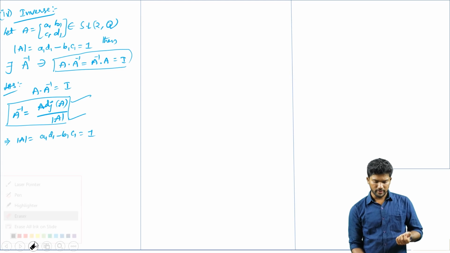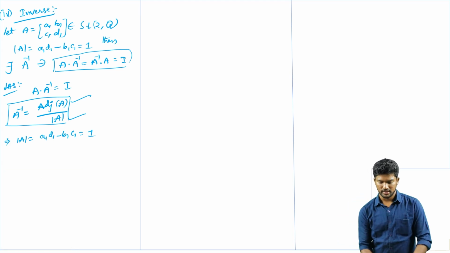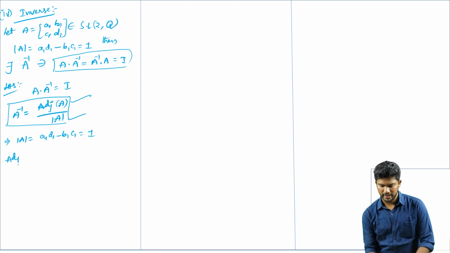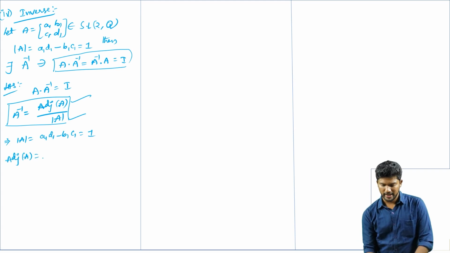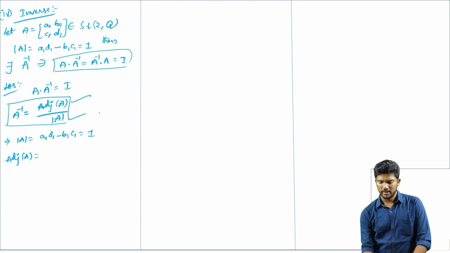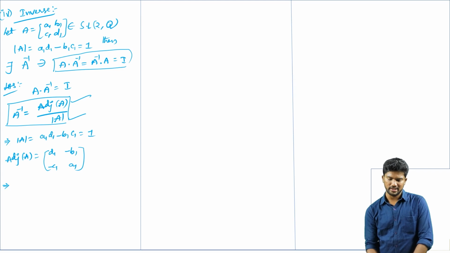Okay. So now here you can see A1 D1 minus B1 C1 is equal to 1, and the adjoint of A is equal to D1, minus B1, minus C1, A1. This is the adjoint of A. Now substitute these two values in that A inverse.